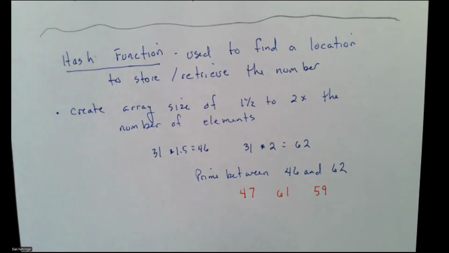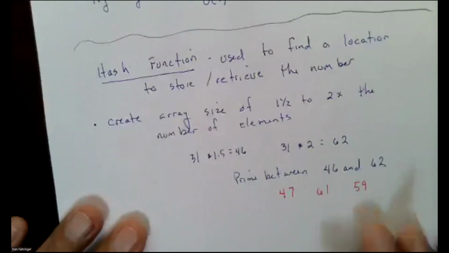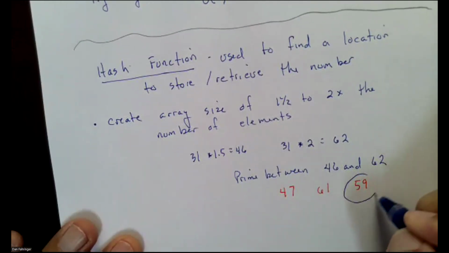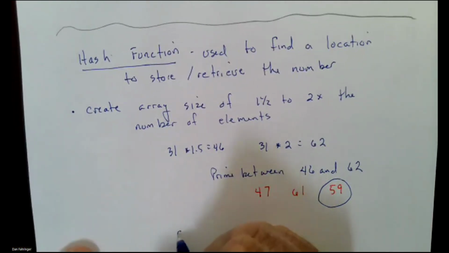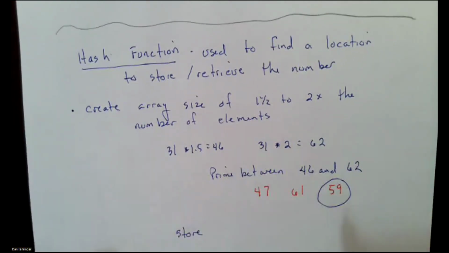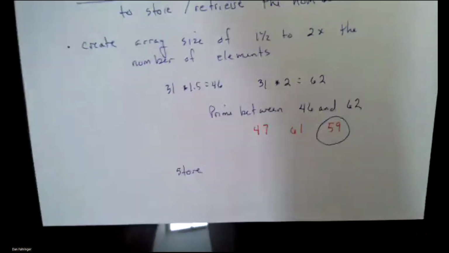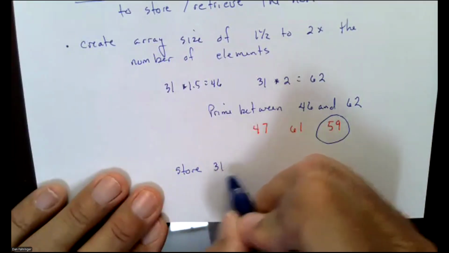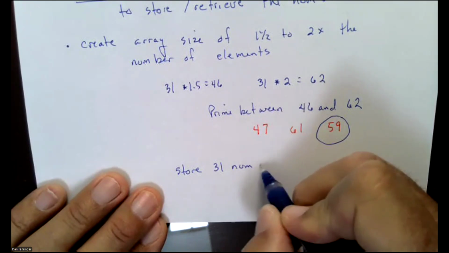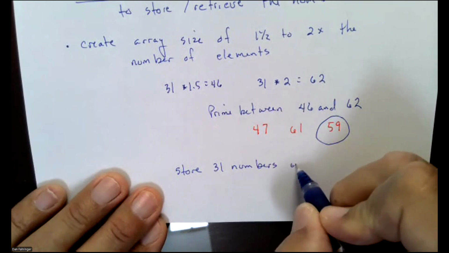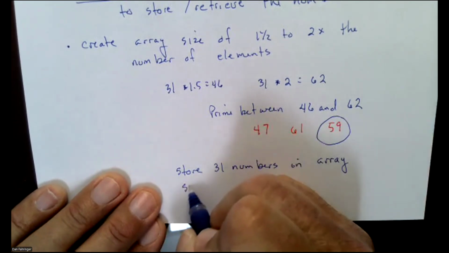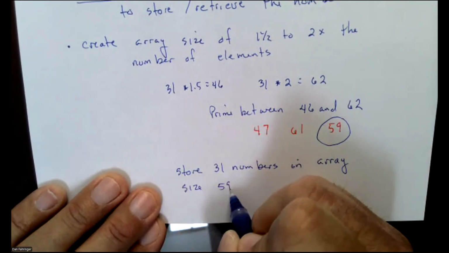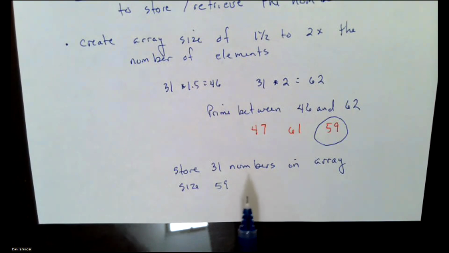Okay, here's what we're going to do. We're going to create an array of size 59. Okay, I like my number. So now I'm thinking generically, if I'm going to store 31 numbers in array size 59, I'm kind of happy.